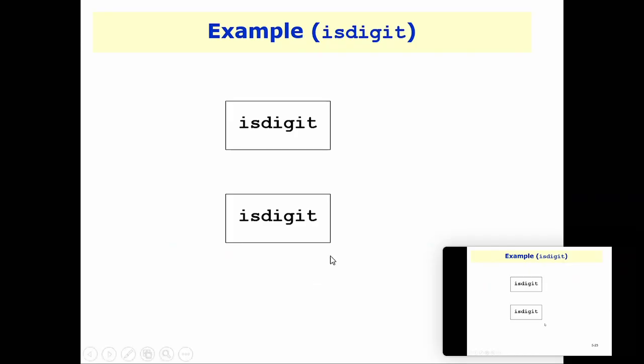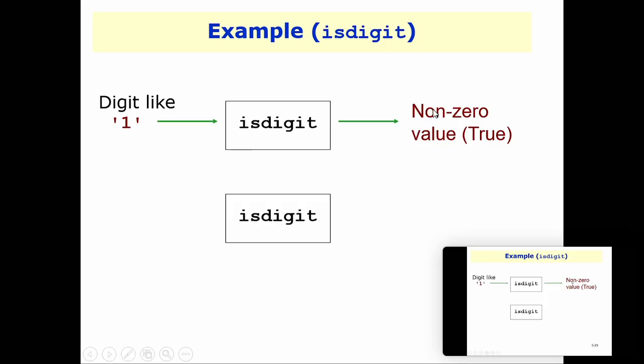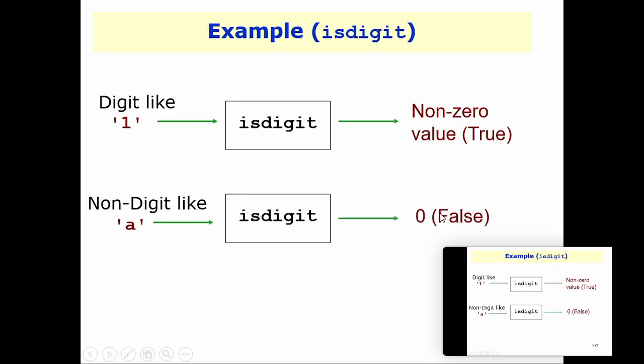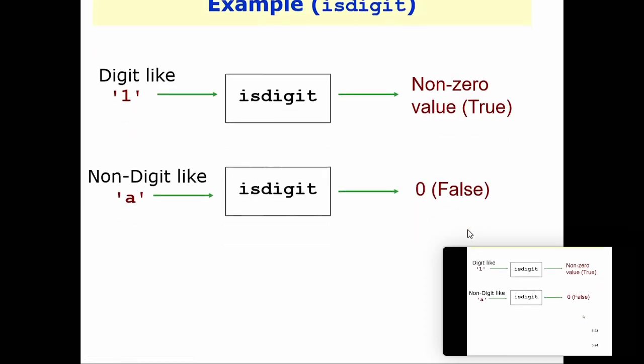So this is an example of using isdigit. Let's say now the input is 1. This is a digit, so it returns a non-zero value. If the input is an alphabet, it returns 0, which means false.